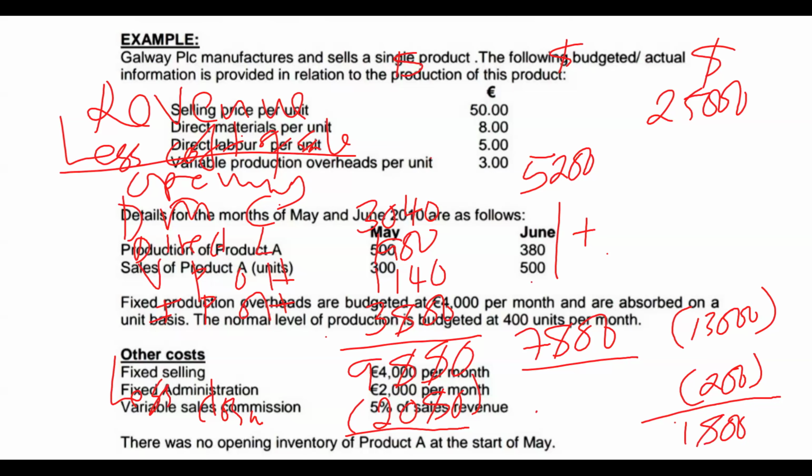If you don't want to do it like this, you can just first of all say gross revenue minus this 13,000. Then from that figure you find, you deduct again, the way how we did it last time. From the figure you find, you can now less what? The under absorption. Then you find this still the same answer, which is the same actually.